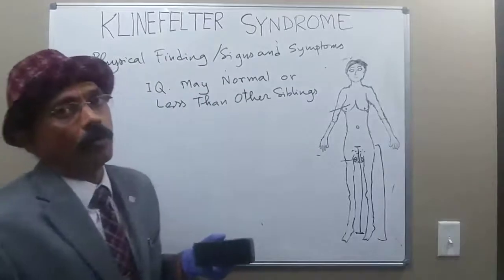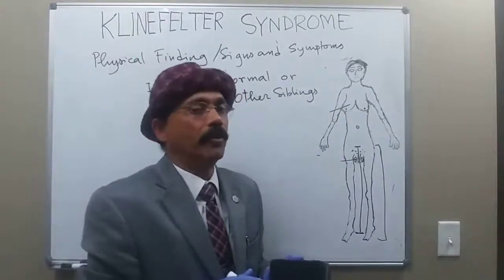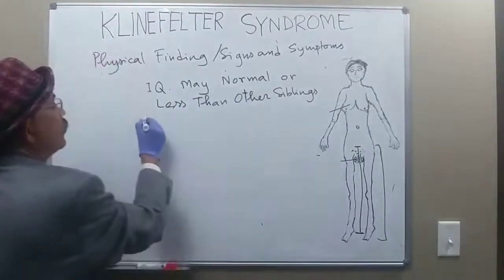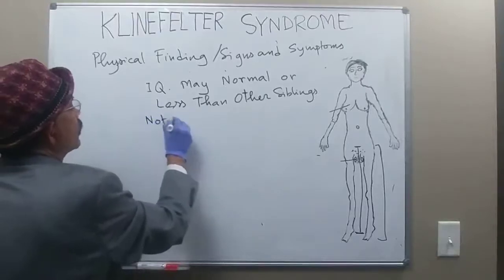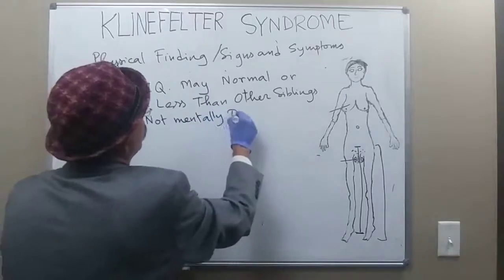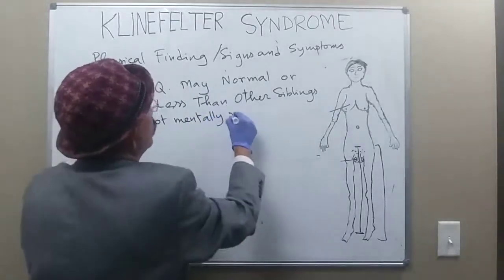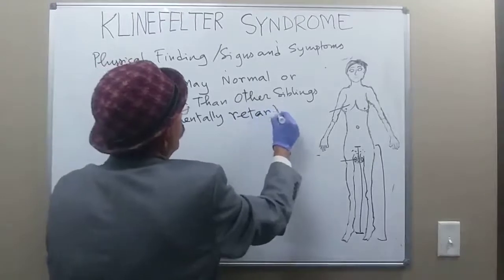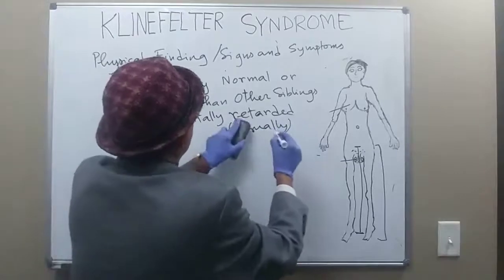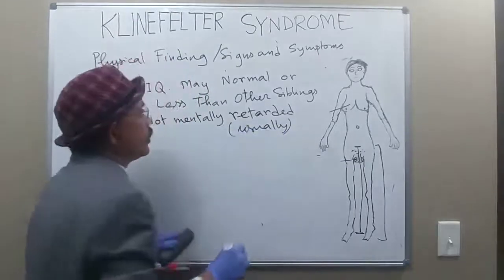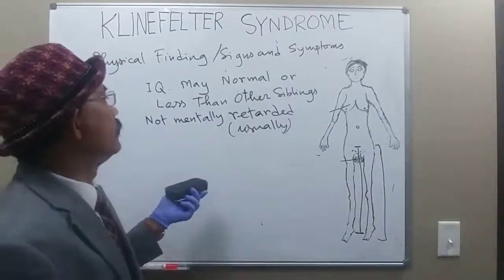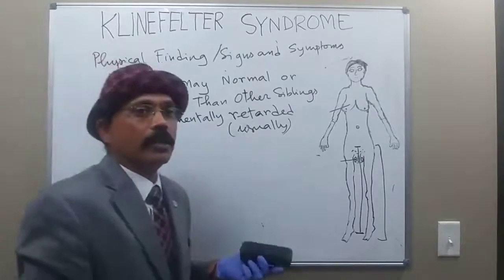It may be normal, but in most cases it is less than other siblings. Usually not mentally retarded. Maybe low IQ, but not mentally retarded.